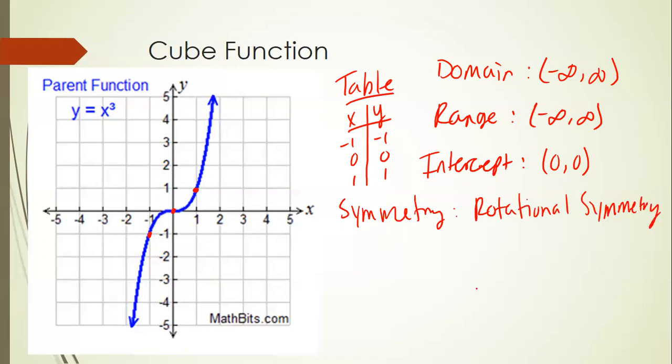It's rotational symmetry through the origin or around the origin, but basically whichever word you choose to use. So the fact that our intercept is at (0, 0) is key to what type of symmetry we have. And again, it's called rotational symmetry around the origin. Okay, how do we feel?